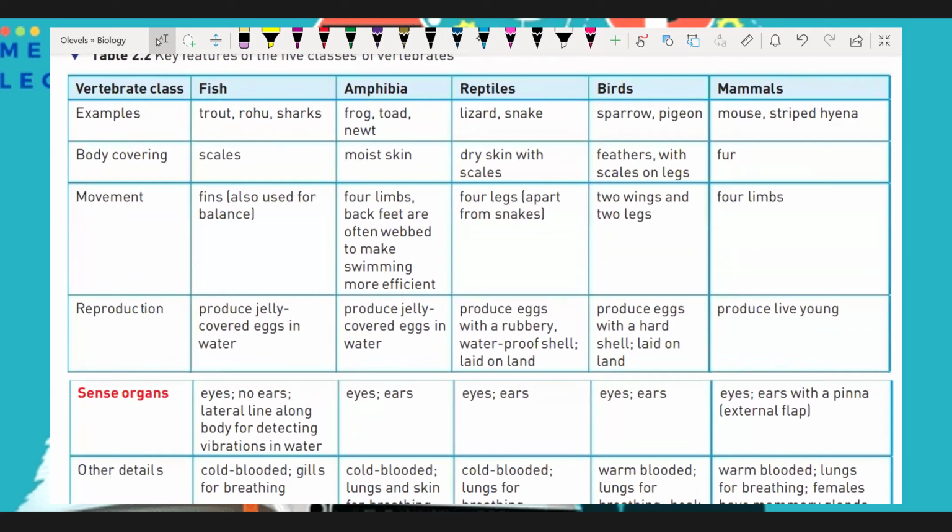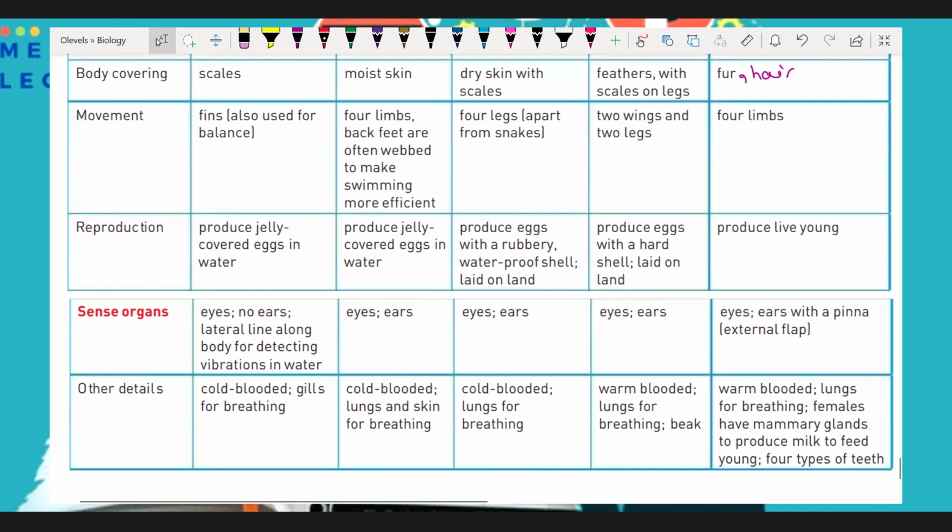And after that, the mammals. Their examples include mouse and striped hyena. Their body covering is hair. For movement, they have four limbs, and for reproduction, they produce live young. Their sense organs are eyes and ears with the pinna, an external flap.